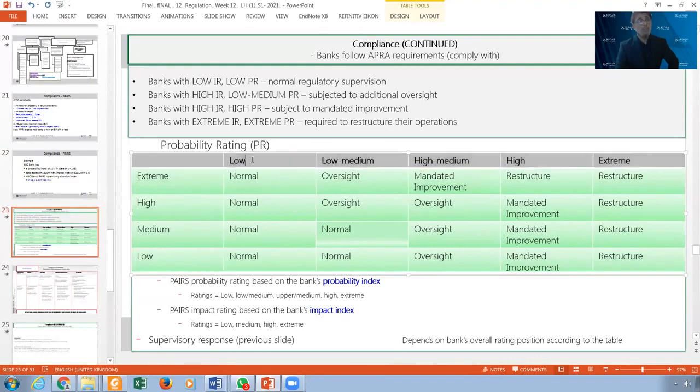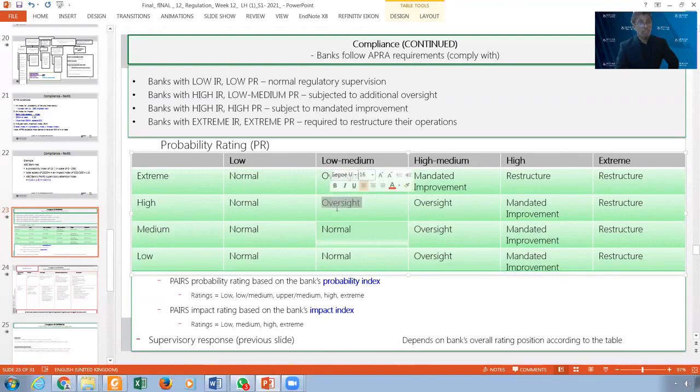And who decides how much of the scores from the 256 is low, low medium, high medium, high? EBRA will also decide on this one, and then they will vote. Maybe you are a bank who have low medium and you are high, then the policy is oversight.